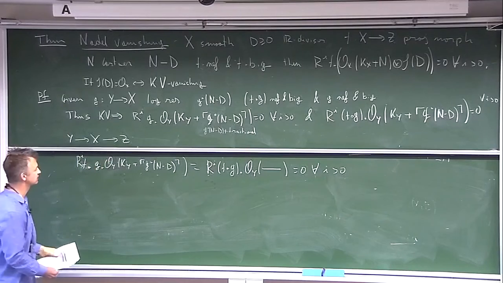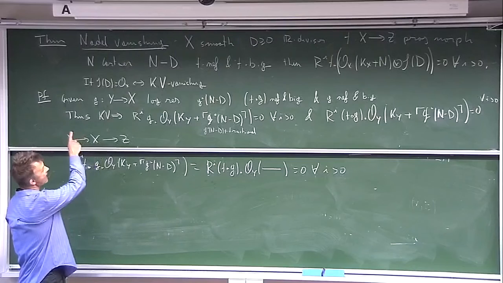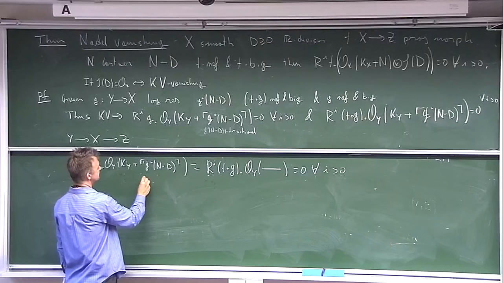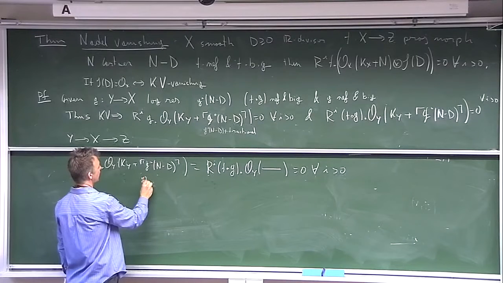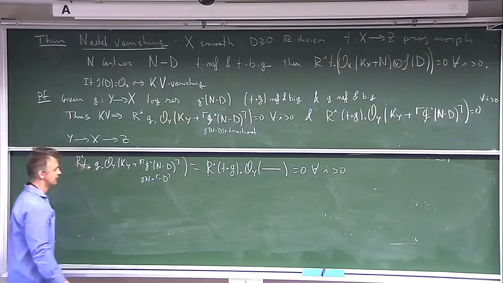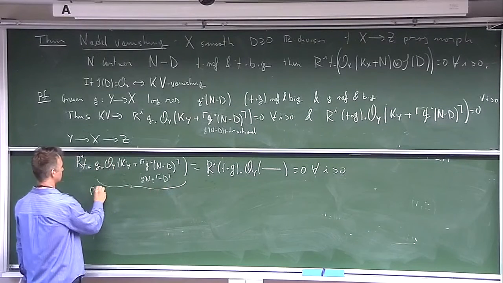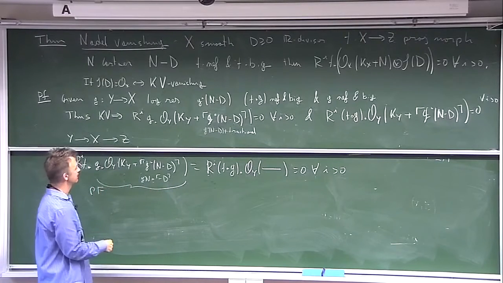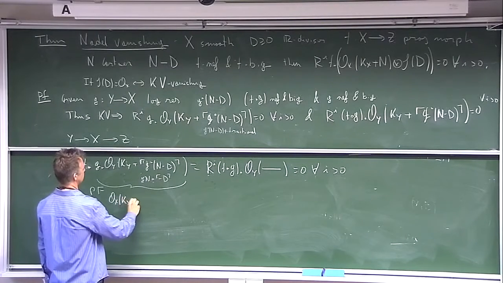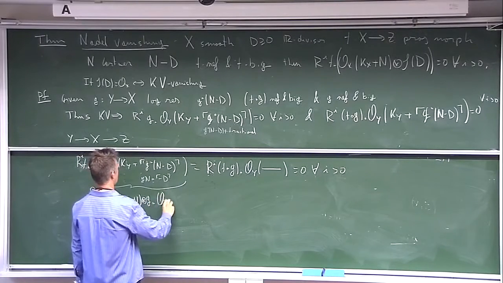Okay, so now we are going to use the projection formula. You see, N is Cartier, so it has integral coefficients. So this thing here is the same as doing G upper star of N plus the round up of minus D. By the projection formula, this whole thing is the same as O_X(K_X plus N) tensor G lower star of O_Y(K_{Y/X}).